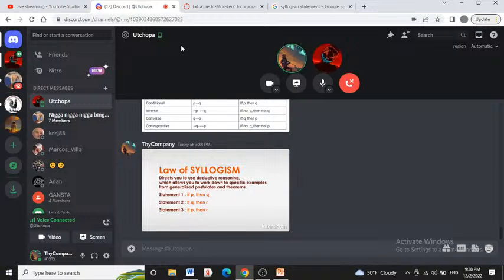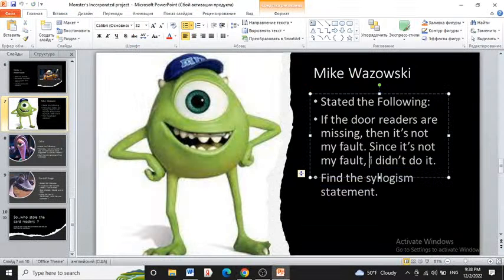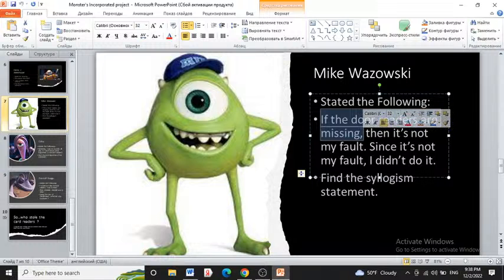For example, if the door readers are missing, then it's not my fault. Since it's not my fault, I didn't do it. So if the door readers are missing, I didn't do it. It's basically kind of skipping the middle part here.